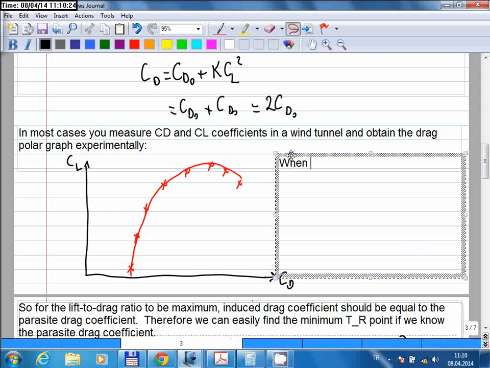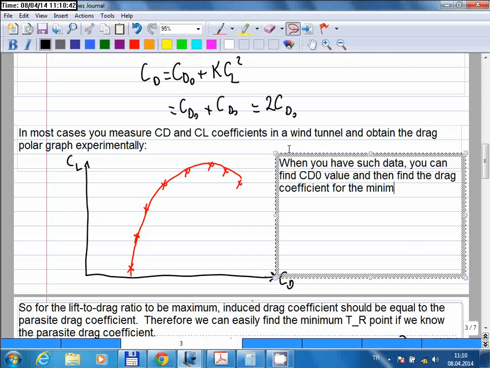So when you have such data, you can find the CD0 value, or you can find the drag coefficient for minimum thrust required directly from this graph.